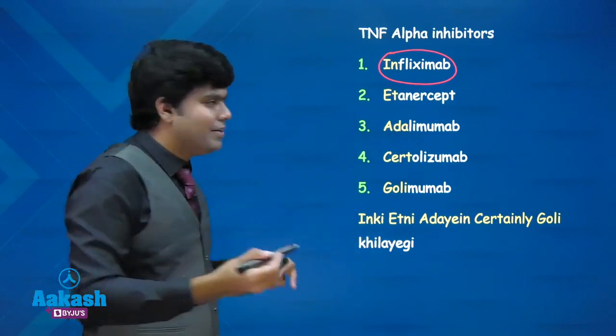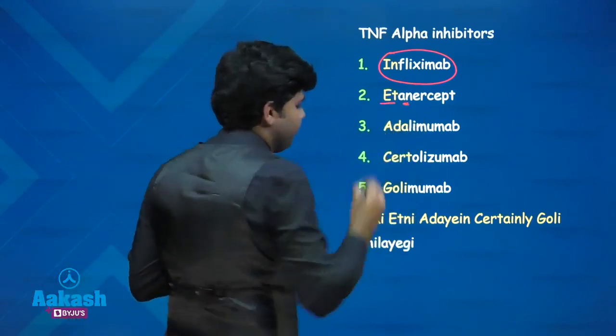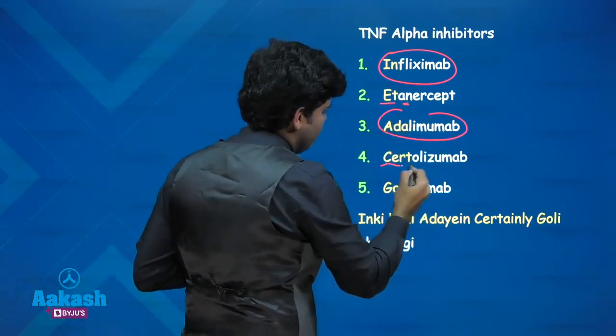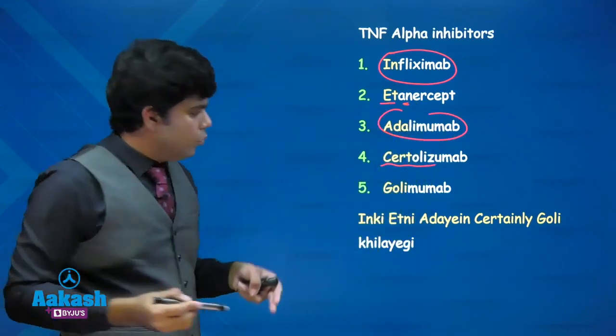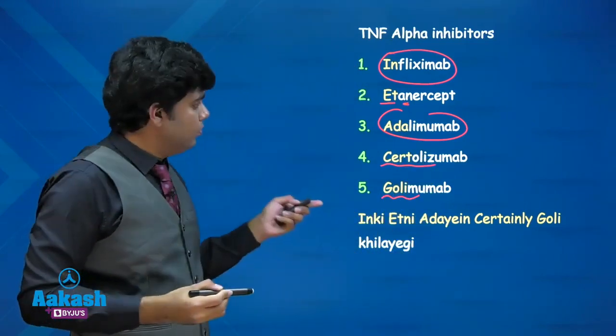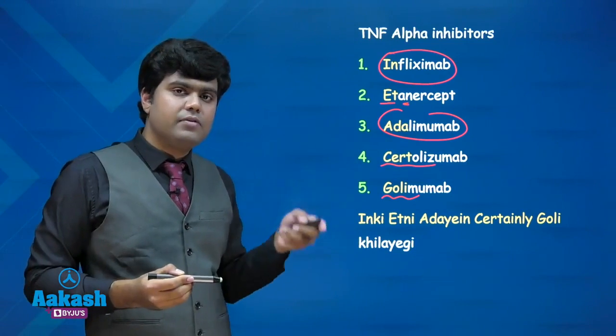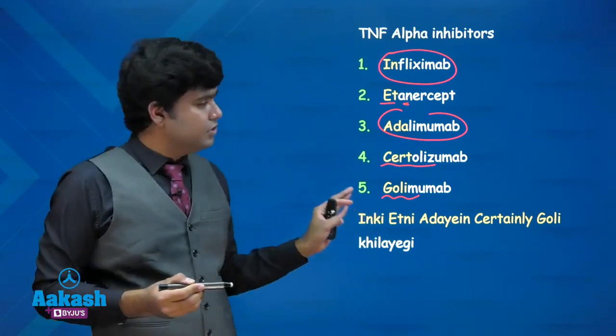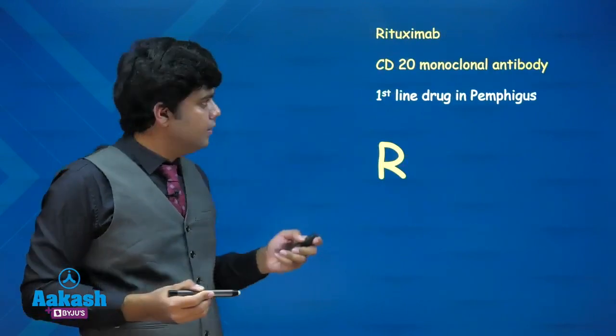Itni is etanercept. Adaye is adalimumab. And we have certainly certolizumab, golimumab. Right? Now it's pretty simple. So making mnemonics makes the things way easier. So you will be very comfortable in such difficult to remember topics, right?